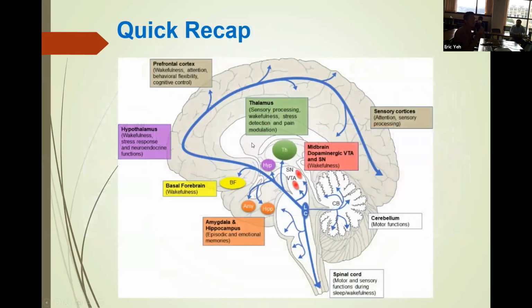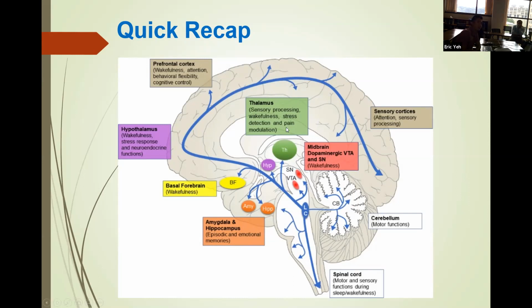All right, so a quick recap of this good old brain. If we look from the top left, the prefrontal cortex: wakefulness, attention, behavior, flexibility, cognitive control. Then you have the hypothalamus, which is responsible for your wakefulness and stress response, the basal forebrain, probably also wakefulness, amygdala and hippocampus: episodic, emotional memories.